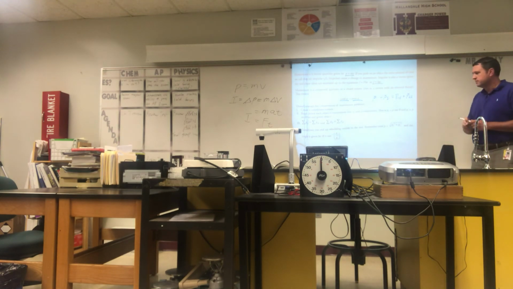if this hits at this angle, and this object is going this way, where is this object going to go? So now I'm only concerned with the amount of x momentum, the momentum that's going in the same direction.